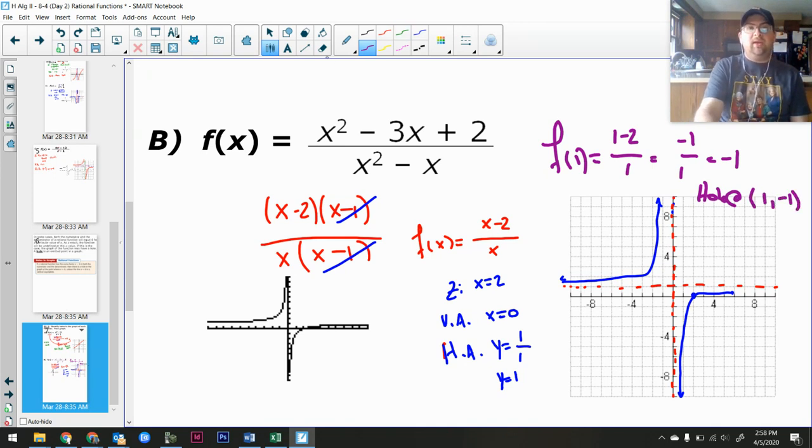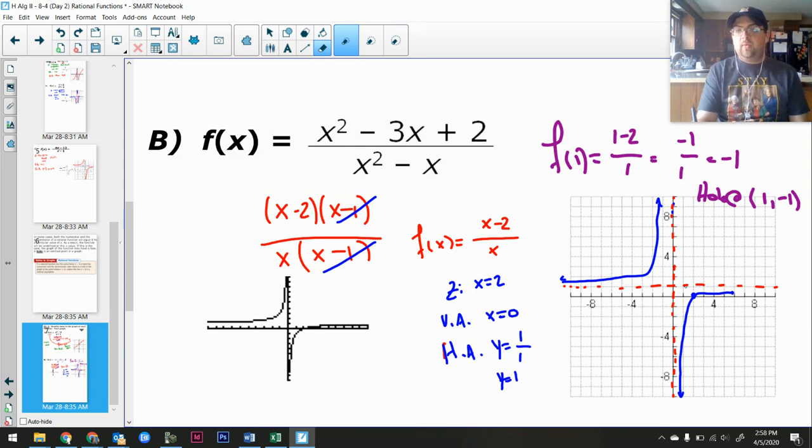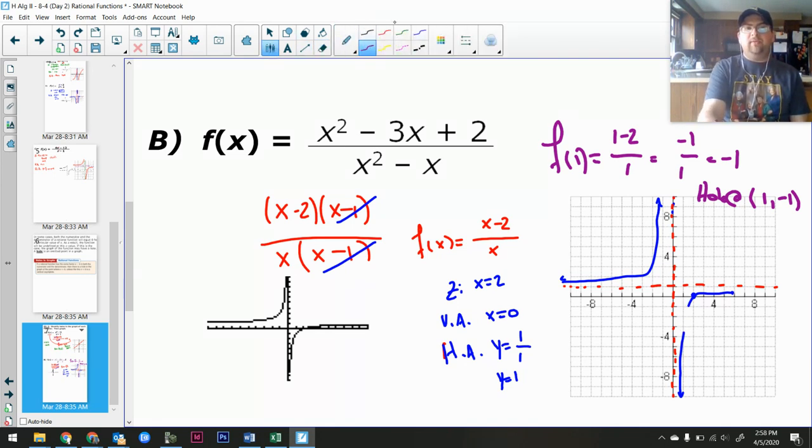I kind of graphed that poorly, so I'll fix it right now. Put a little open circle at 1 comma negative 1. There we go. Make that connect down there. So that visually represents the hole.